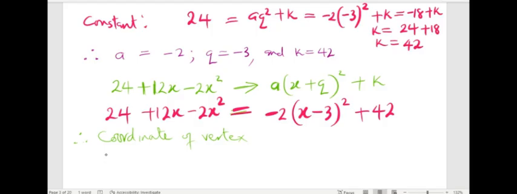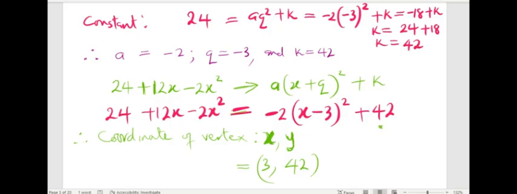Coordinate of vertex, which of course is x comma y, will be 3 comma 42, which means the maximum value of the function is 42, where x is equal to 3. In other words, y is 42 when x is 3.